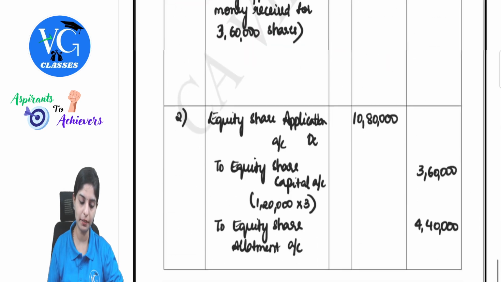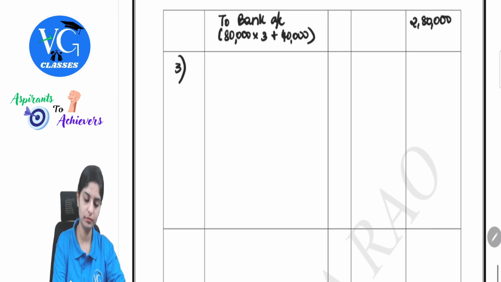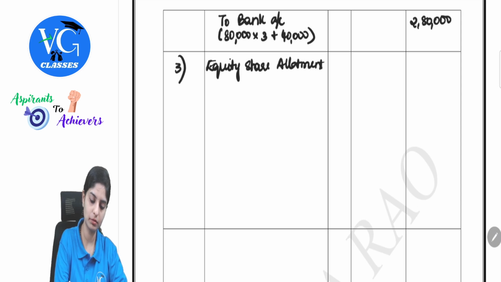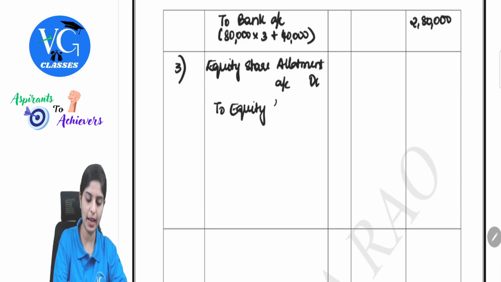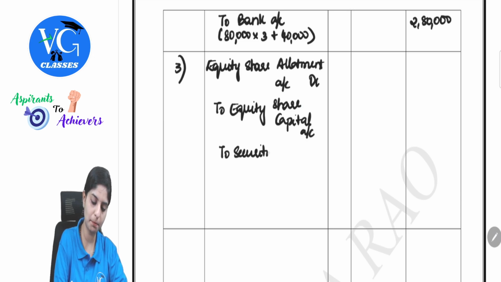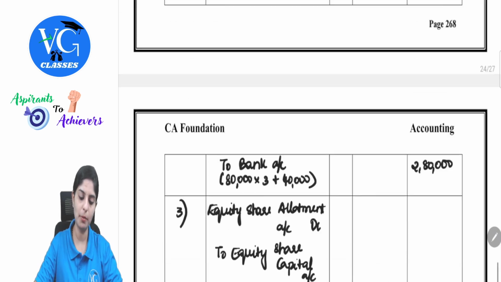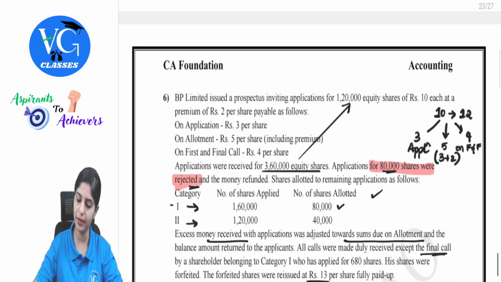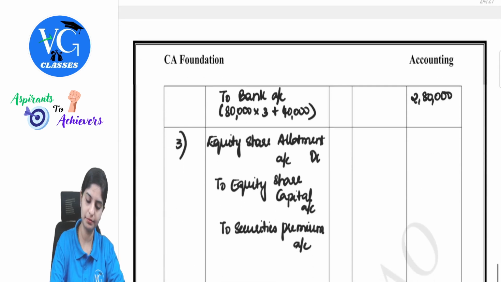Then next is allotment. First, due entry, equity share allotment account debit to equity share capital account. There was a premium here. To securities premium account. See how much is totally getting allotted? 1,20,000 into what was the premium amount? 5 rupees. So 6 lakh.